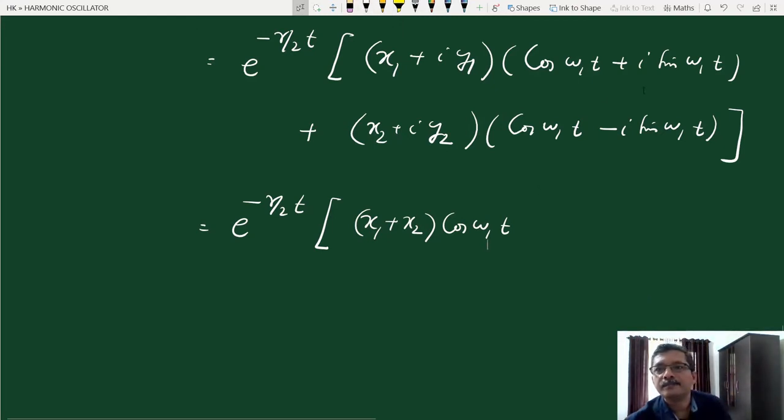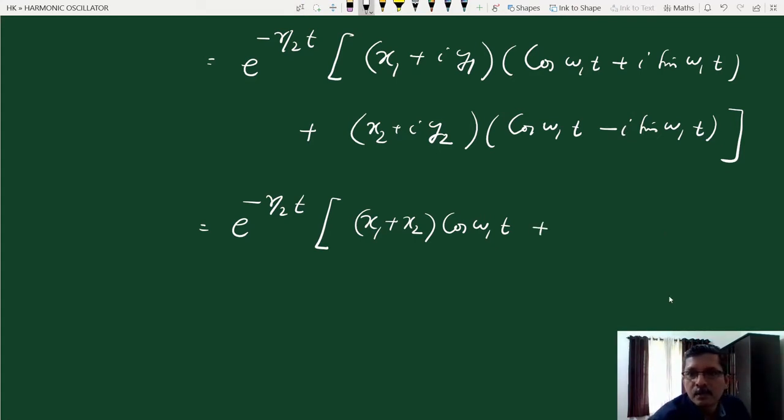And then the next term, you multiply x1 with i sin omega 1t, and x2 with minus i sin omega 1t. So if I take i sin omega 1t outside, you have plus i times x1 minus x2 sin omega 1t. Okay, so I think we have completed all the terms involving x1 and x2.